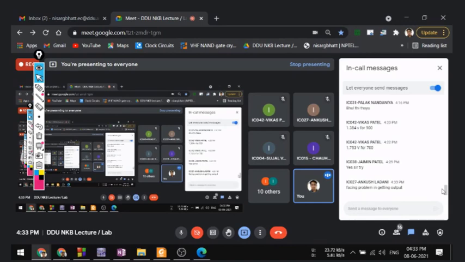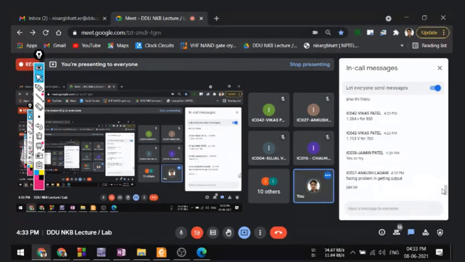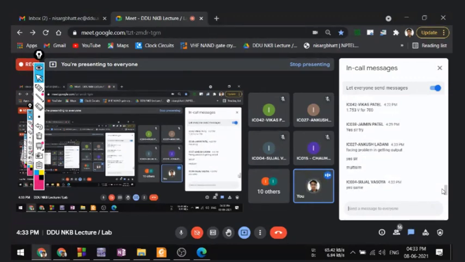Okay, Ankush, you are facing a problem in Multisim? Multisim or other software or any mobile application? Which software, Ankush? Multisim. Okay, so Ankush, you can share your screen if I can help you, right?